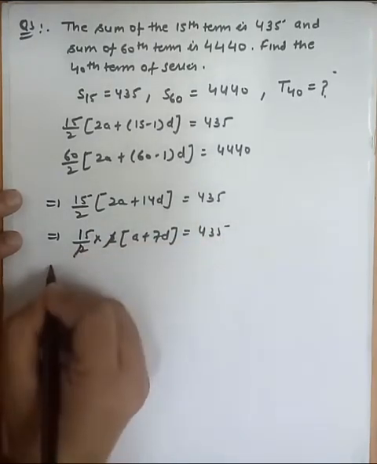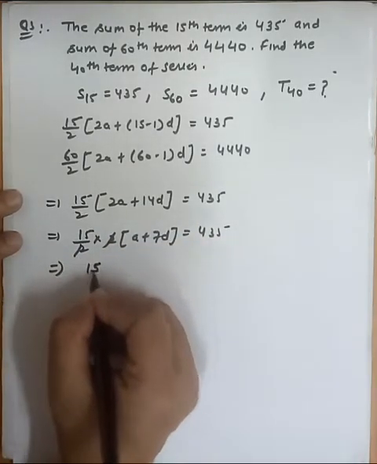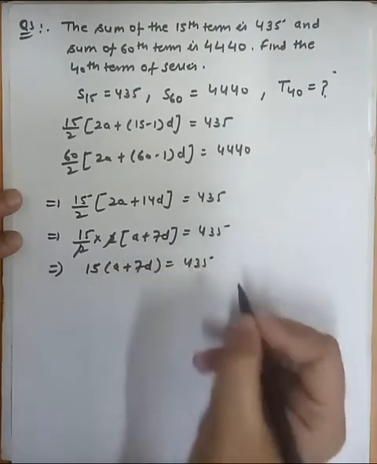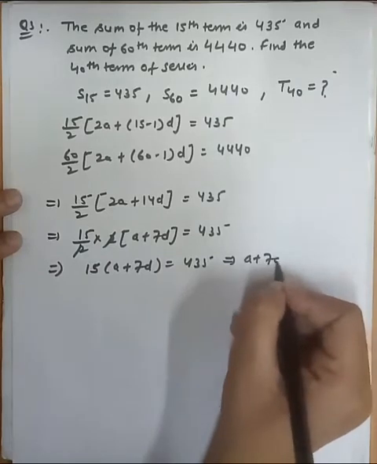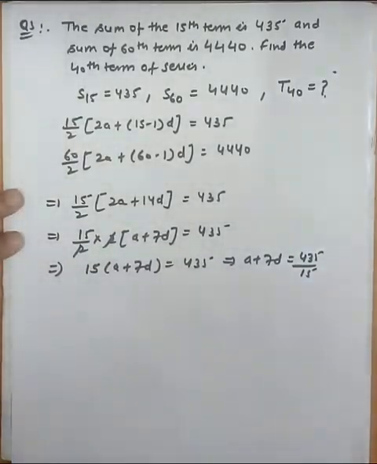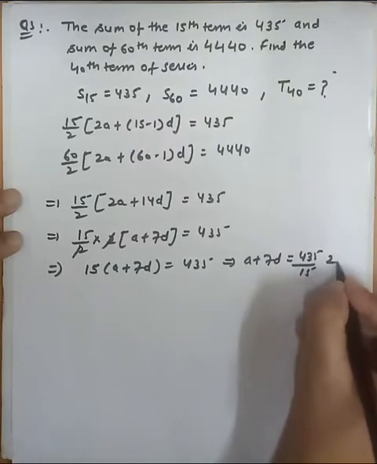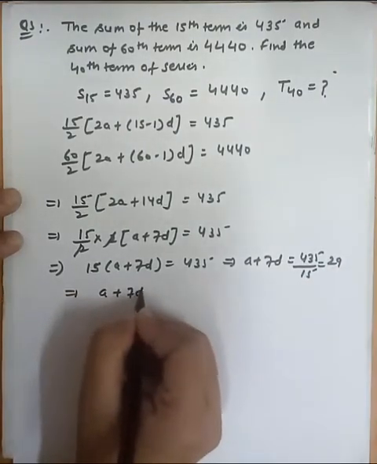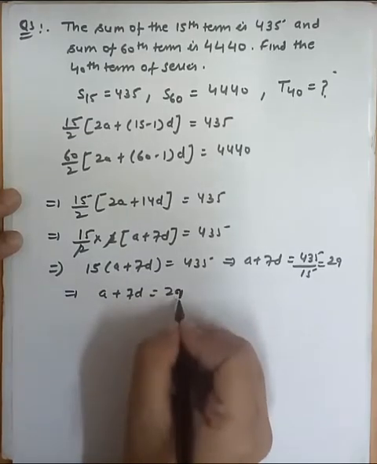So cancel out 2, we get 15 times a plus 7d equal to 435. So we get a plus 7d equal to 435 by 15, and 435 divided by 15 is 29. So we get the equation a plus 7d equal to 29.